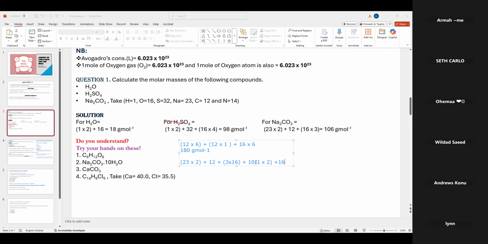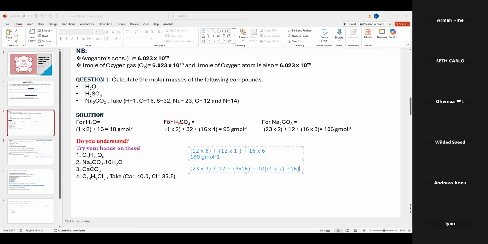So let's put a bigger bracket, which means that the 10 is multiplying everything in the bigger bracket. Do you understand what I'm doing? Yes, sir. So it means the 10 is multiplying the 1, the 2, and the 16.